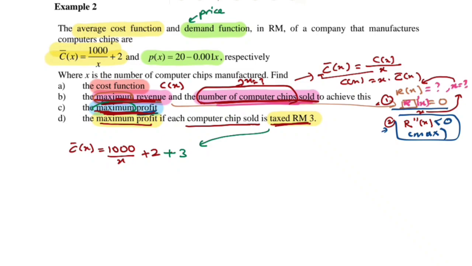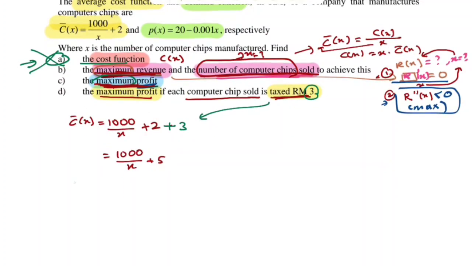If you simply add 3 ringgit to the cost function that you have obtained in A, then that would be wrong, because the cost function in A refers to the total cost. So if you simply add 3 ringgit to the cost function, this is like a fixed cost of 3 ringgit, not per unit. Next, simplify your average cost function and then find your new cost function.